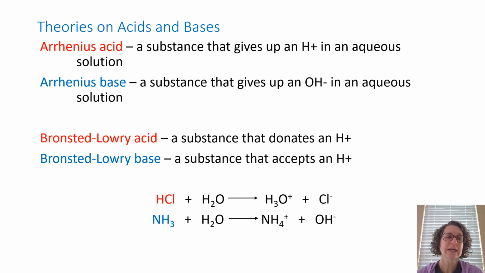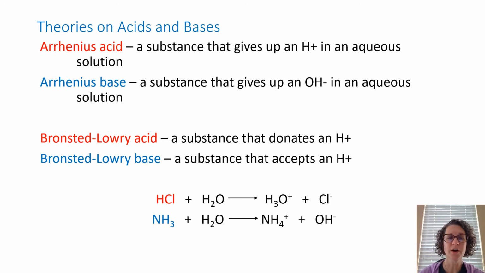So first of all, the Arrhenius acid. That is any substance that gives up a hydrogen in an aqueous solution. So the very first thing that I said about an acid was that. That is the chemical definition. It gives up hydrogen ions. A base, on the other hand, an Arrhenius base, is any substance that gives up an OH, a hydroxide in an aqueous solution.